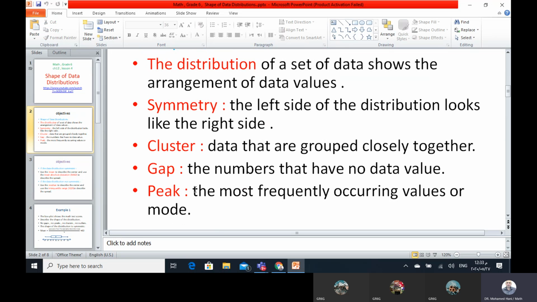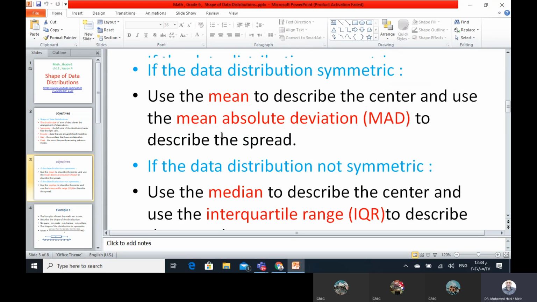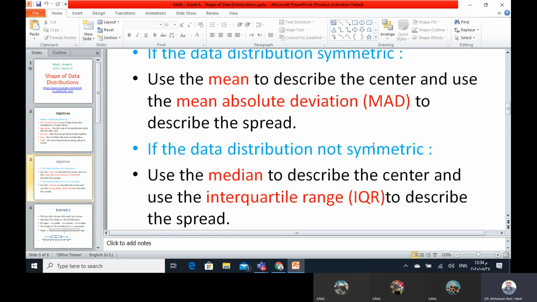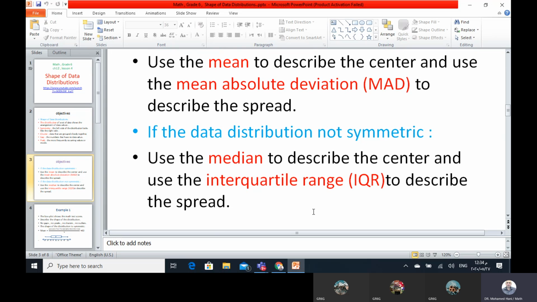You know this idea from the last lessons. If the shape is symmetric, just find the mean and the mean absolute deviation. If the shape is not symmetric, just find the median and the interquartile range. To know these ideas, listen to this example.